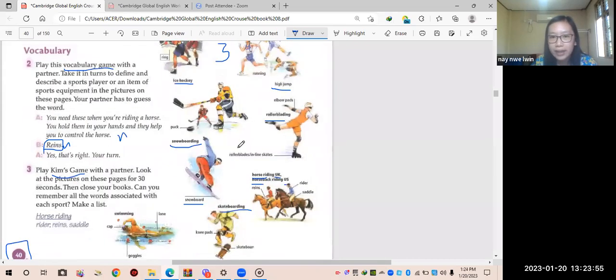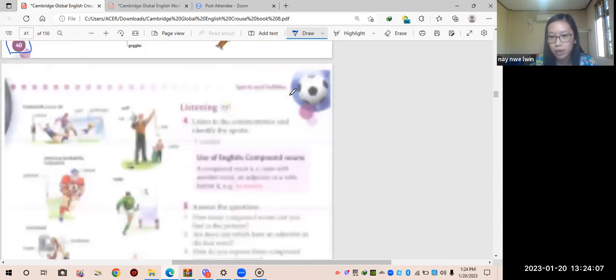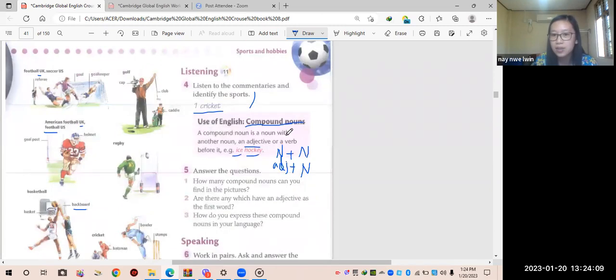Like the one right here. High jump. So high is an adjective, right? And jump is a noun. High jump. So when we combine each other, a new word is produced like high jump, right? So is there any words that you know about the compound noun which is the combination between an adjective and a noun?